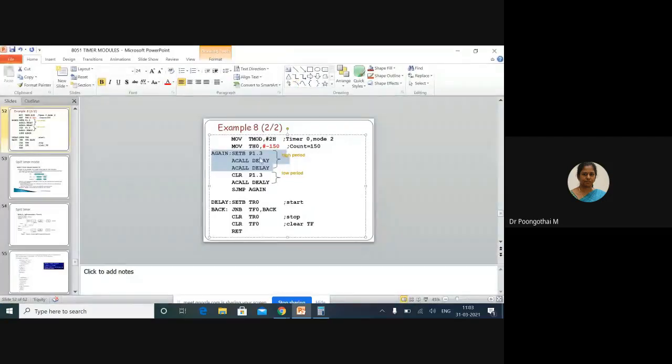See, 150 minus 150 means this much amount of clock cycles are required to reach the maximum value.